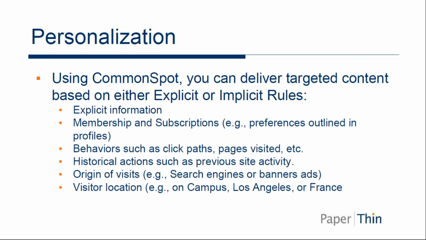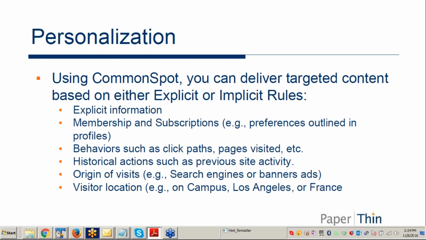You can also do personalization based on how they arrived at the site. Did they click on a link in a Google search, for example, or was there a banner ad campaign running somewhere and they clicked on a banner ad and arrived at your site? There's also personalization that can be done using basically geolocation data.